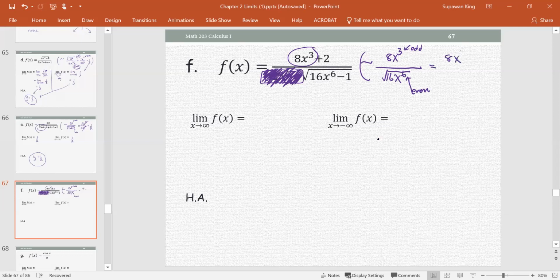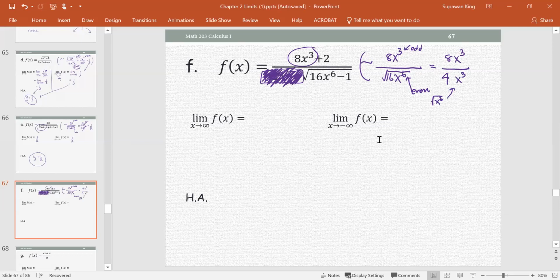The top is x to the third divided by the square root of 16, which we all know is 4. Okay, 4 times the square root of x to the 6. What do we get? x to the third power, right?